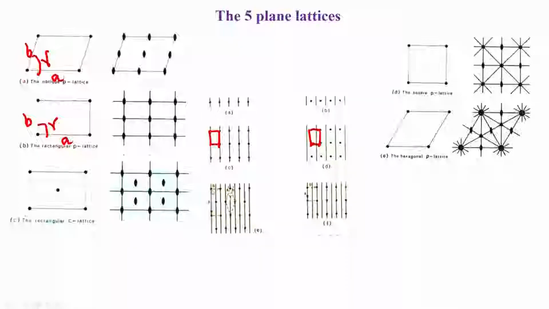So, we have this point, this point, this point, and this point, and between them we interleave this one now. Because of the fact that we interleave this one, it has come in between, and that also has a line of symmetry by definition which we have given here, and therefore, now we see that there are lattice points at these 4 points and also a lattice point in the middle, and this now defines a different kind of rectangular lattice which we call the rectangular C lattice.